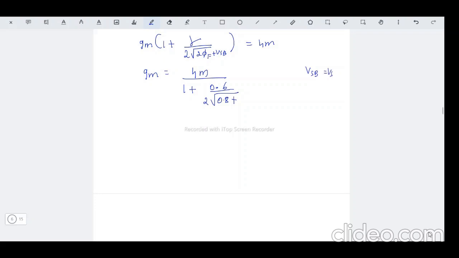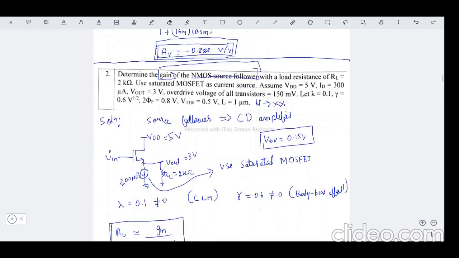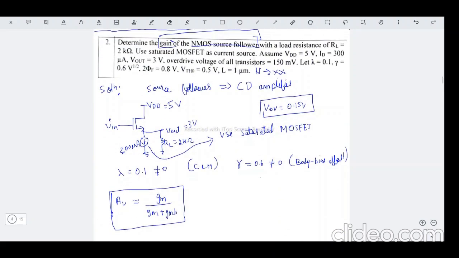V source minus V body. In NMOS, V body is always connected to ground. Vs, we have to find what is the value of Vs. Since this is the source terminal, this is where we are taking the output.